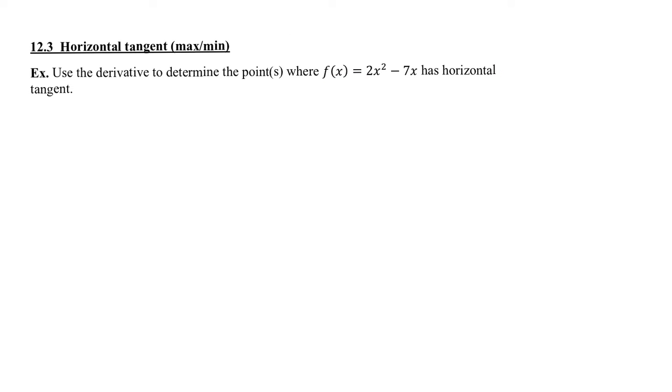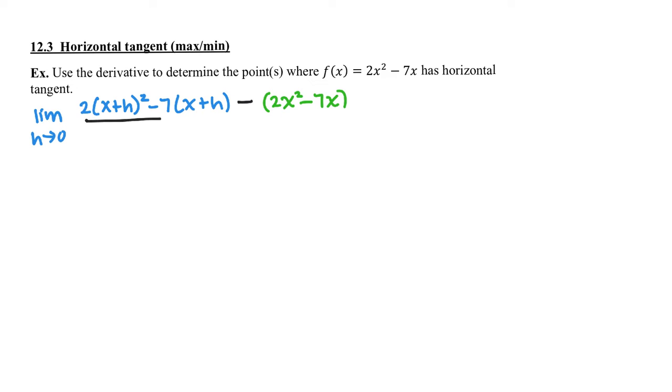Okay, I'm gonna use the same formula we've been using. Okay, I'm gonna do f of x plus h, so 2 times. And I'm gonna subtract f of x. And then the whole thing's gonna be over h.